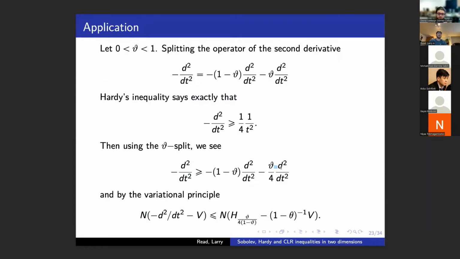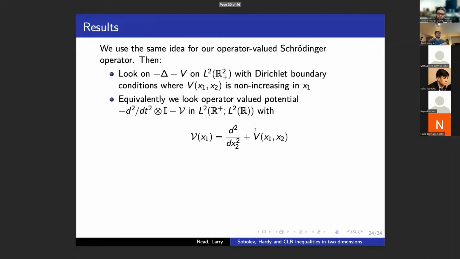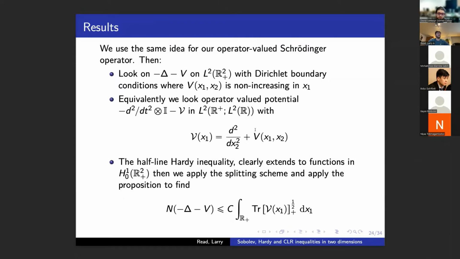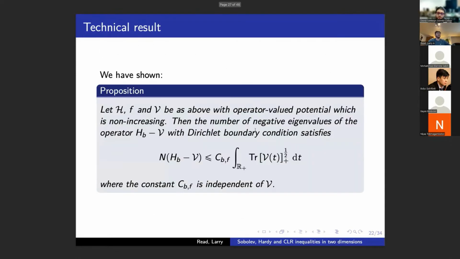This, as I mentioned, was wrong; it should be this term here. You get a Schrödinger operator with Hardy potential. So we're able to do that using the Hardy inequality on the half plane, and then we get exactly what we had before, where we did the general result.